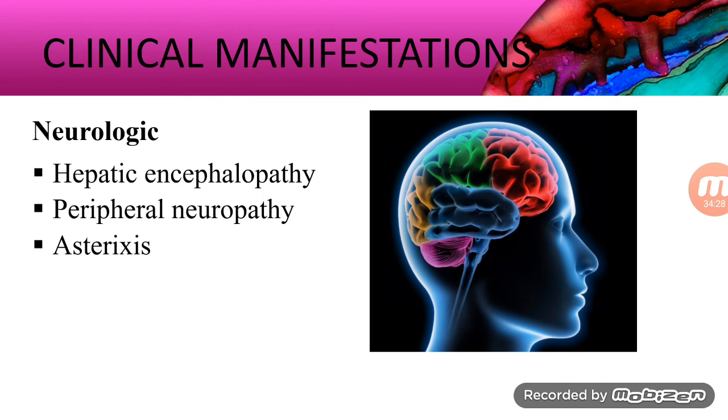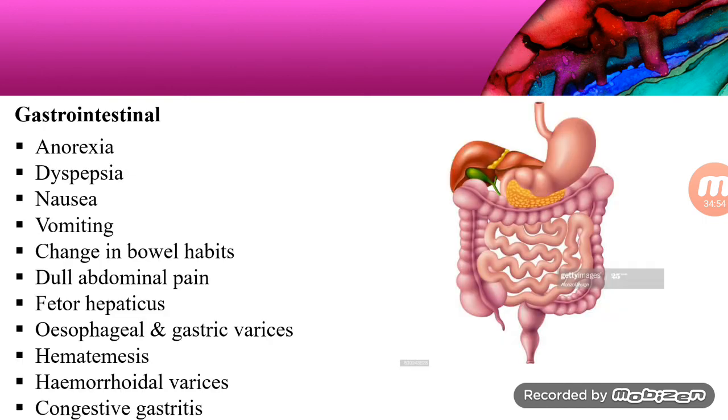Asterixis means when you extend your wrist, at that time your hand will tremor, your hand will be shivering. That is asterixis. That involuntary movement will be there in liver cirrhosis.